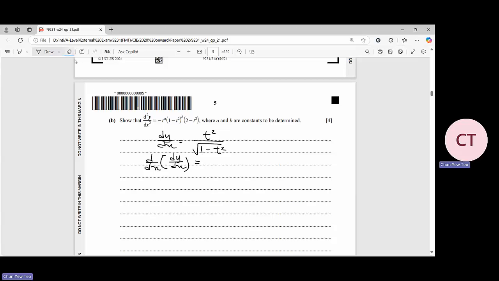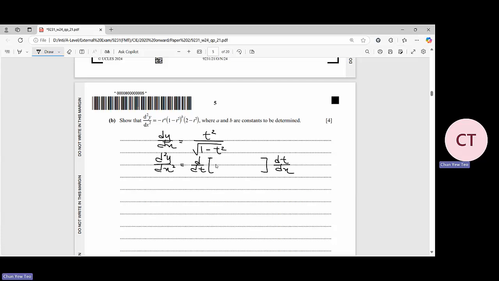That means d squared y over dx squared equals differentiating this with respect to t, and dt/dx. We just need to split them by using the chain rule.